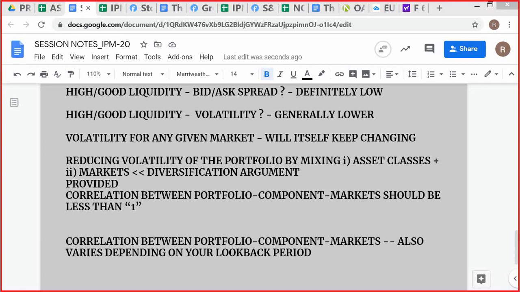Volatility also changes, correlation also changes over time. So when you talk about these things, you have to be very specific.